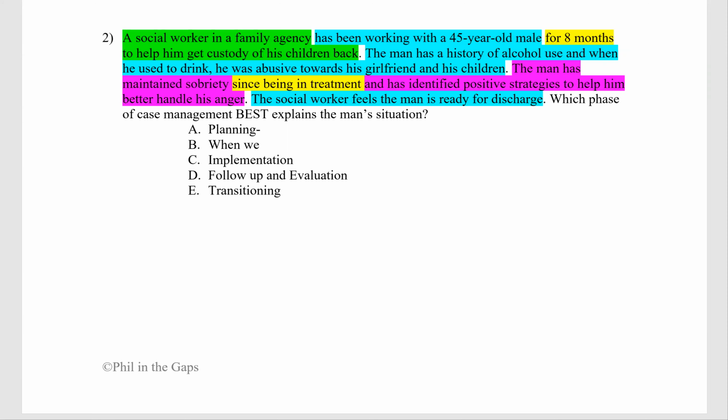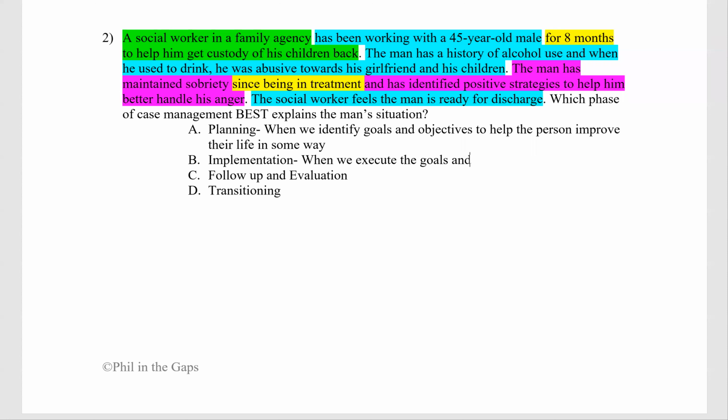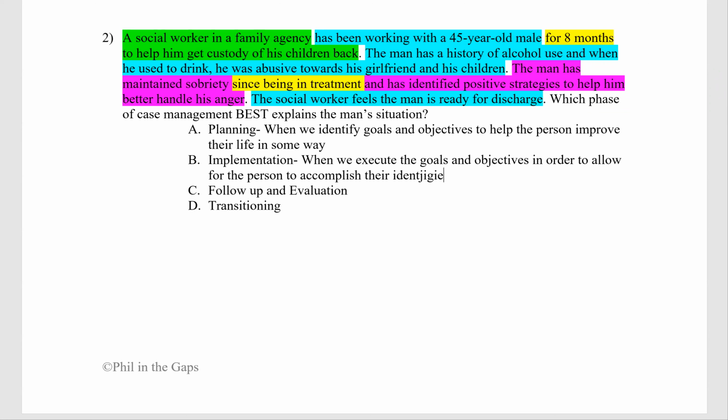So planning, A, is when we identify goals and objectives to help the client or the person improve their life in some way. B, implementation, is when we execute the goals and objectives in order to allow for the person to accomplish their identified goal or multiple goals.